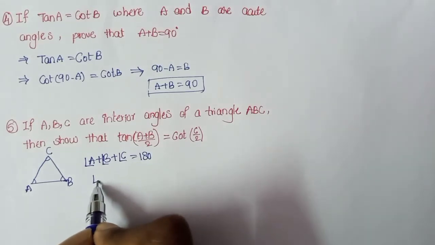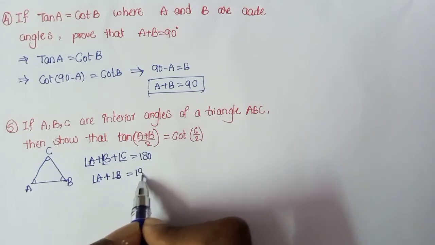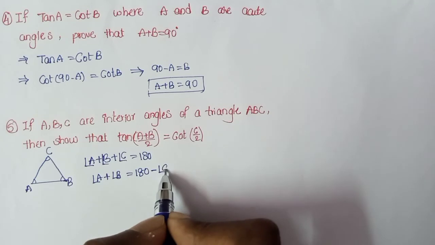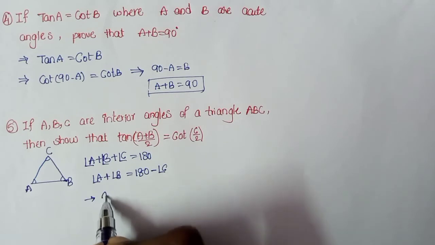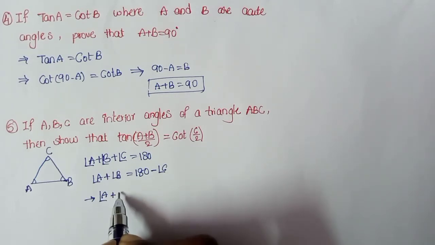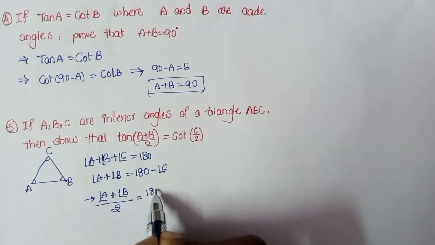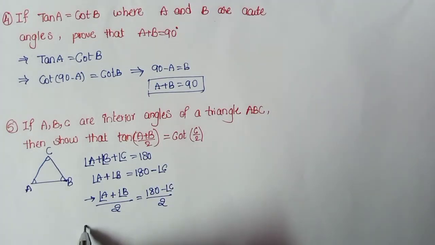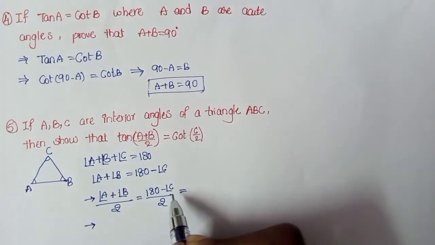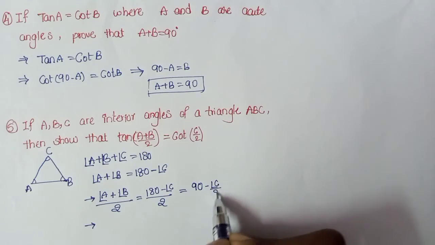So angle A plus angle B is equal to 180 degrees minus angle C. Next, if you divide this equation by 2, angle A plus angle B by 2 is equal to 180 minus angle C by 2. 180 by 2 is 90, so it is 90 minus angle C by 2.